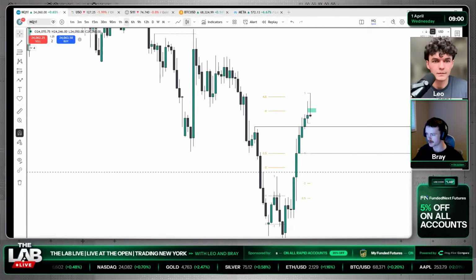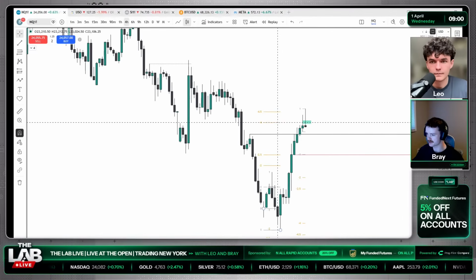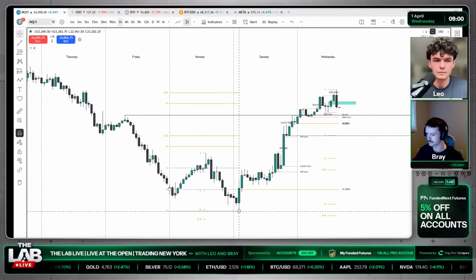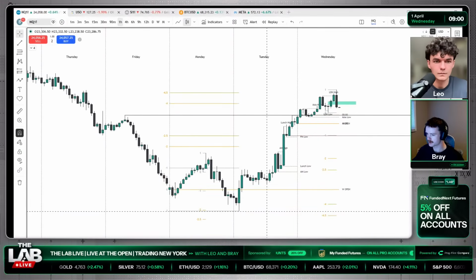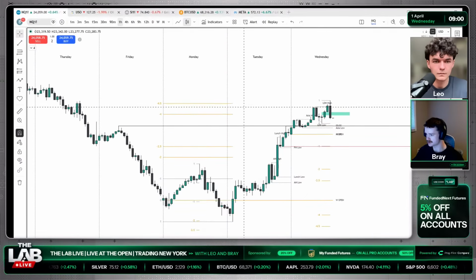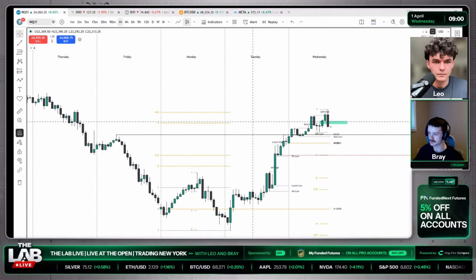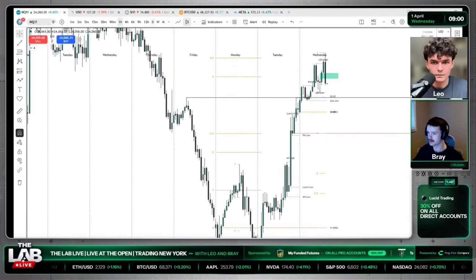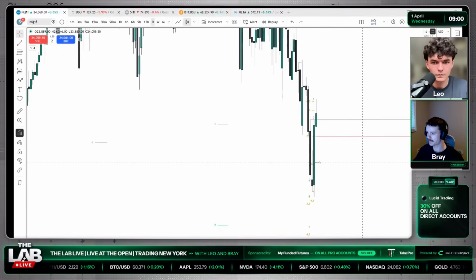But seeing as we've met -4 standard deviations on the weekly projection, from the low of the week to the open of the week, max manipulation could be seen as already occurring, and we're up in a daily fair value gap.